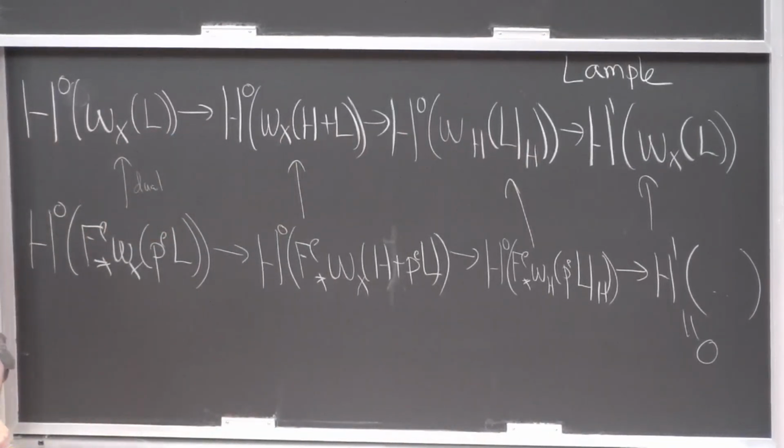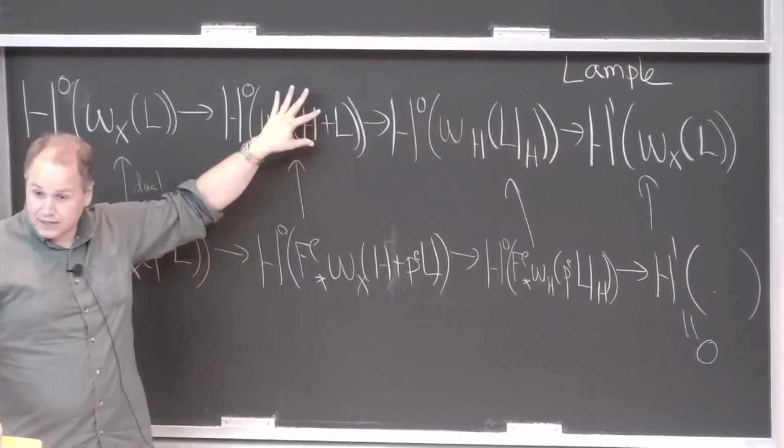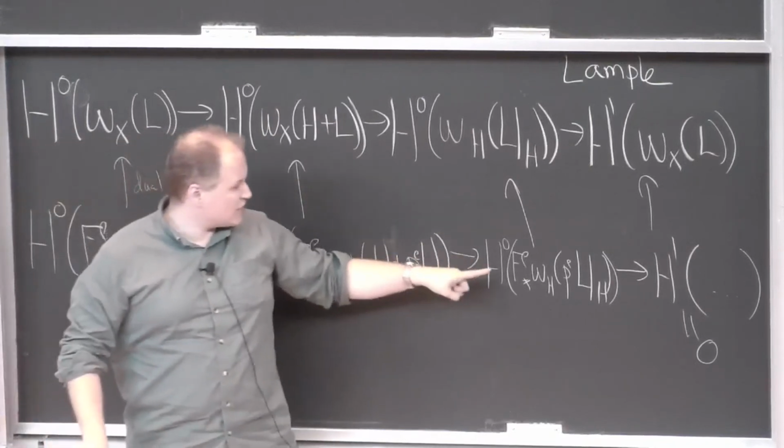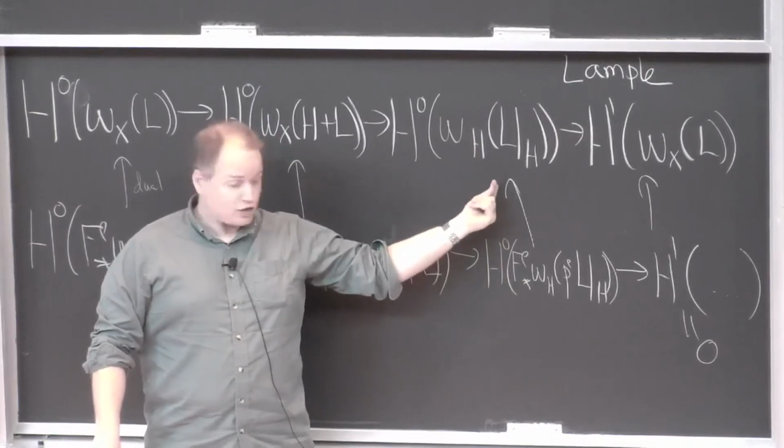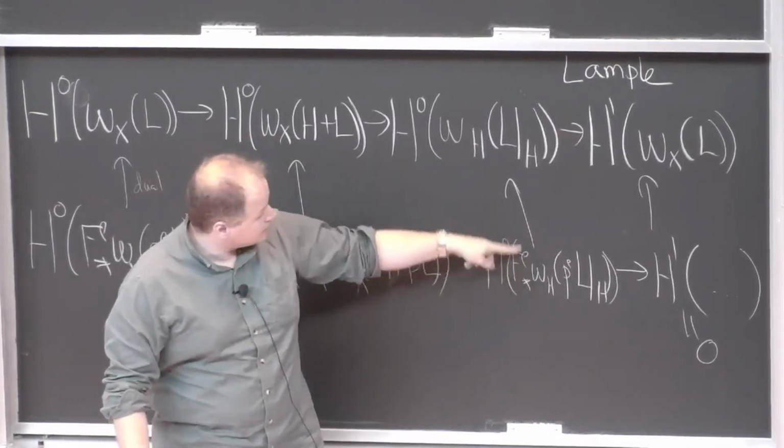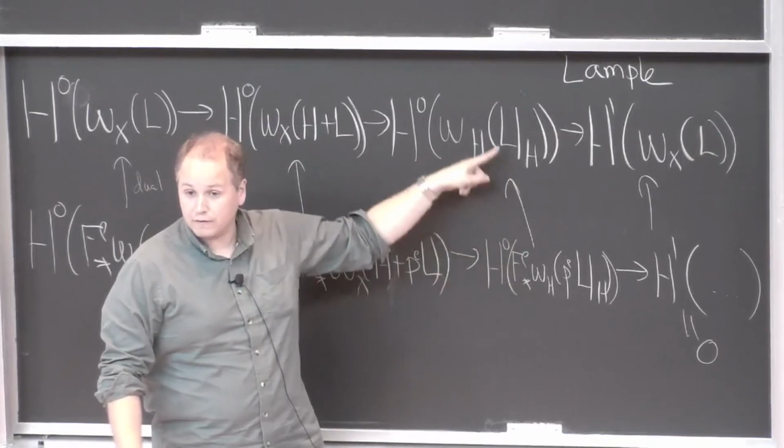And there's a quick observation I want to make here that's kind of useful. Regardless of what X is here, let's say H is F-split. If H is Frobenius split, that means this map here is split surjective.